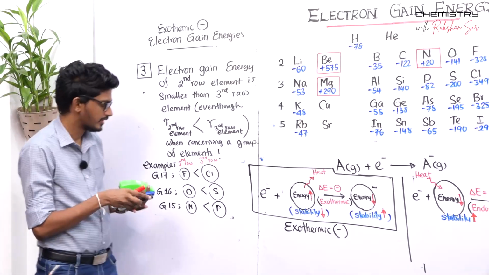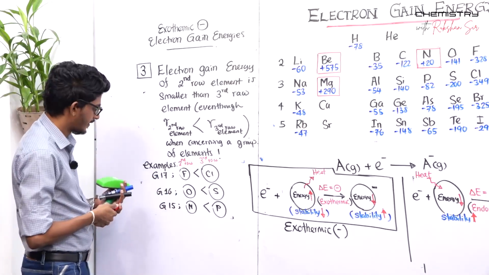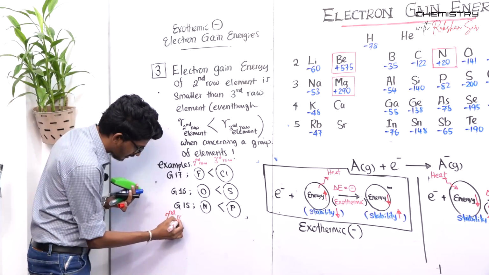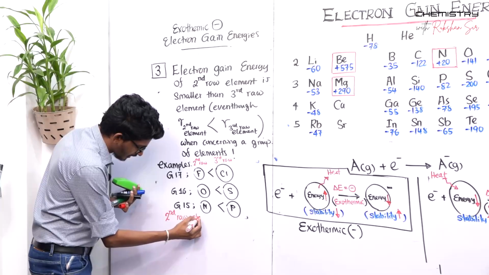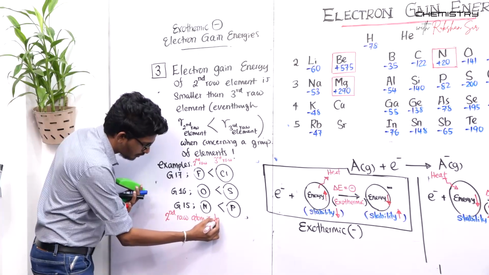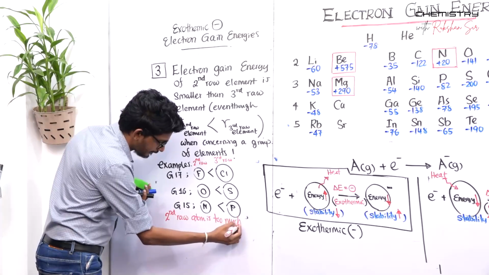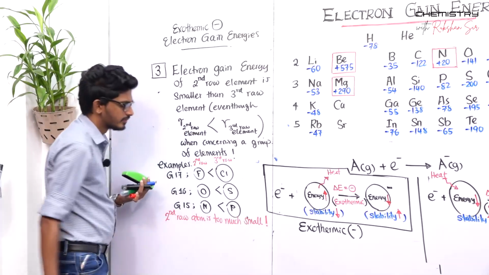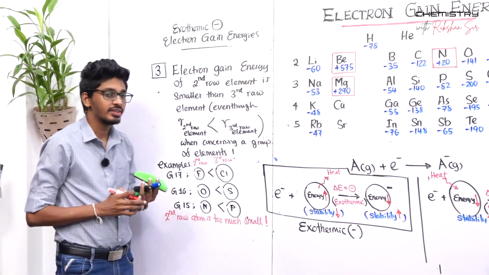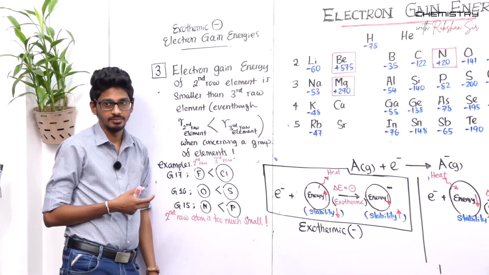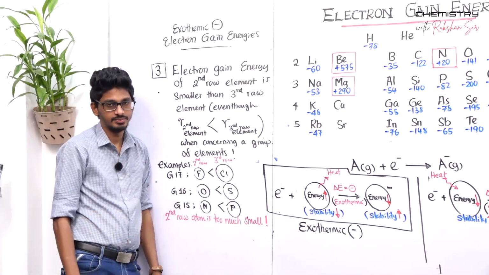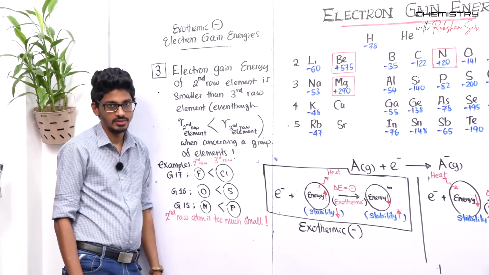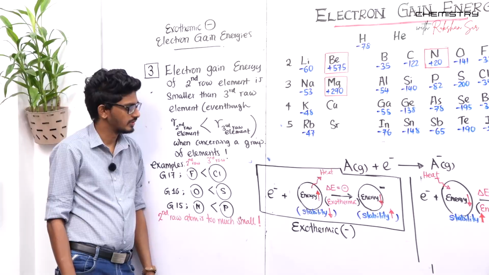The reason is the second row atom is too small. So electronic repulsions have to be overcome when adding an electron to it.